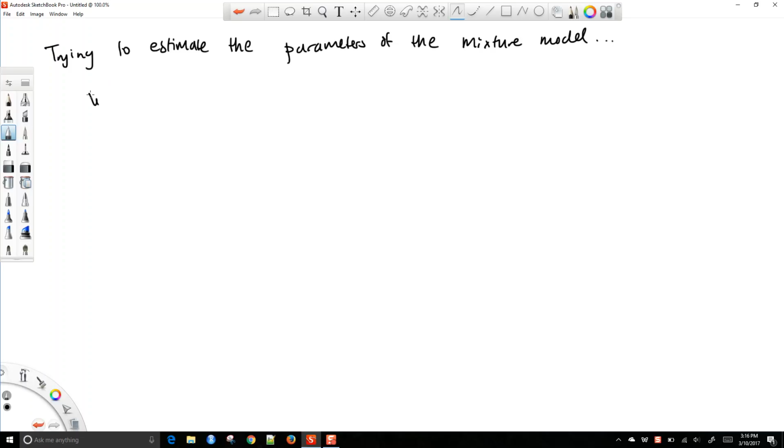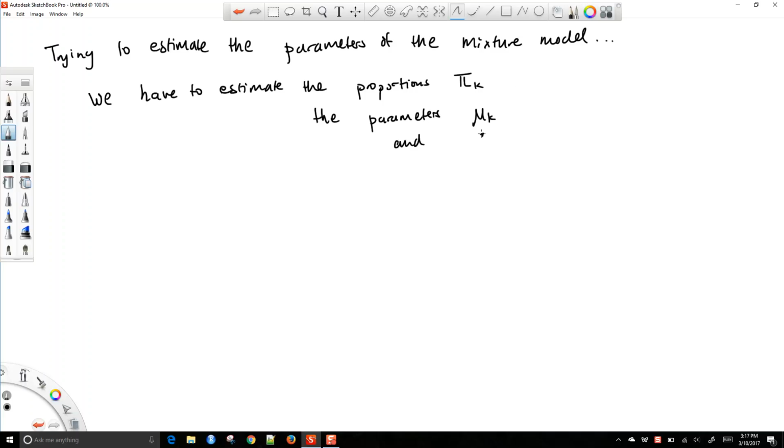So we have to estimate the proportions pi sub k, and then we have to estimate the parameters, which include mu sub k and sigma sub k, for each component class k.